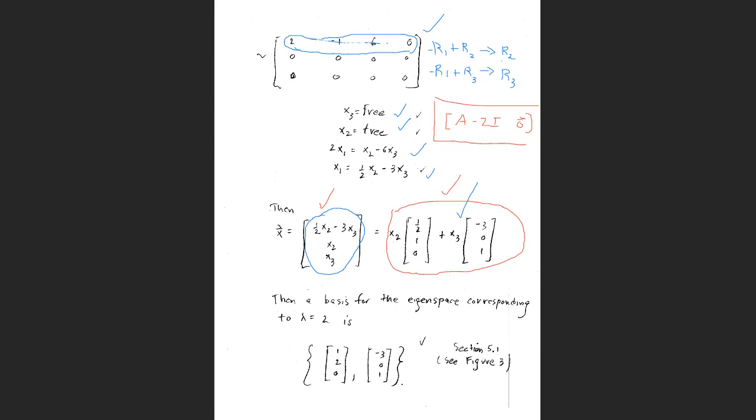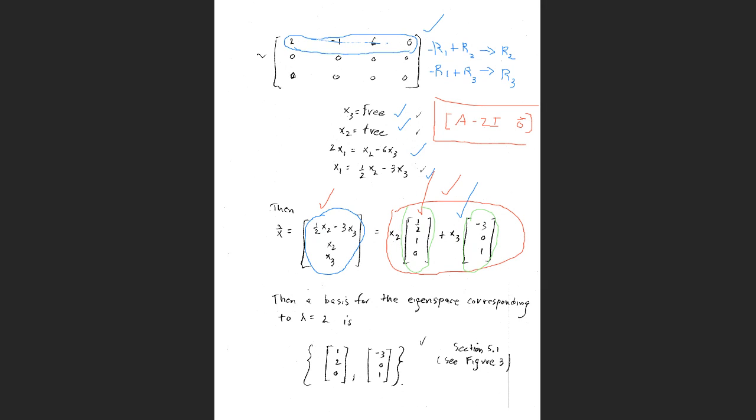So we have these two vectors here, and they're going to form the basis for my null space. But if you don't mind, since the first vector is a half, 1, 0, is it okay to write 1, 2, 0? The second vector is negative 3, 0, 1.